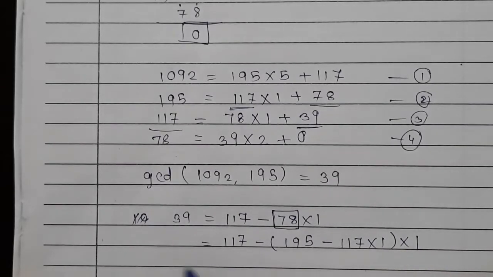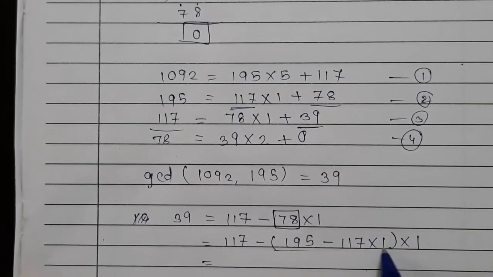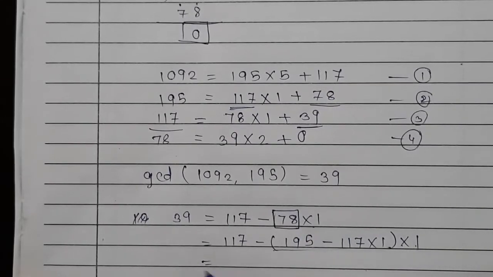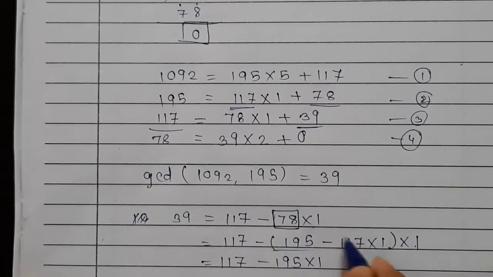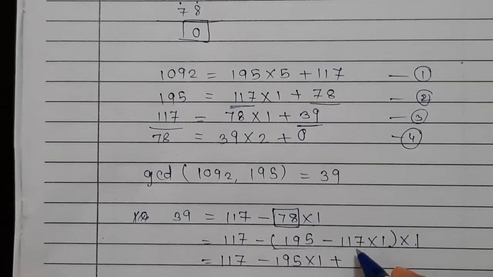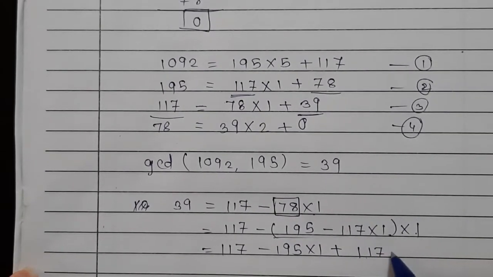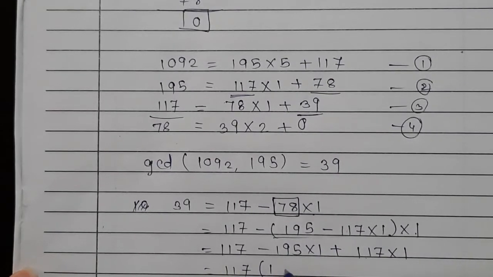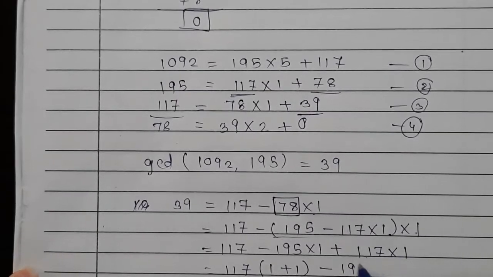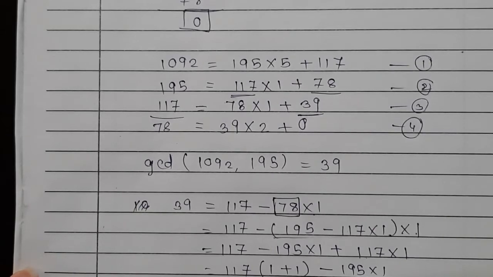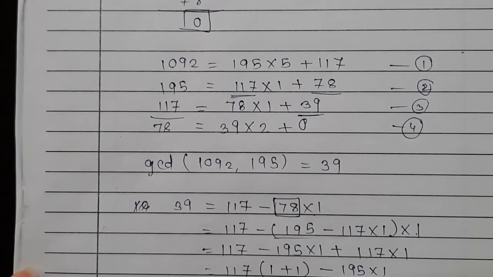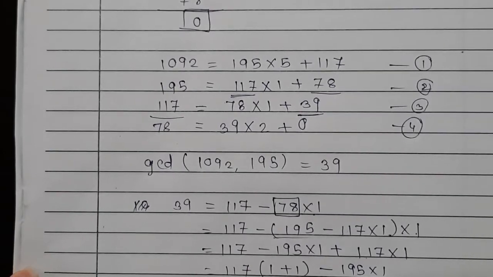So therefore we get 117 minus 195 into 1, minus minus becomes plus, 117 into 1. Now we take 117 common, so here we get 1 plus 1, minus 195 into 1. So 117 into 2 minus 195 into 1.